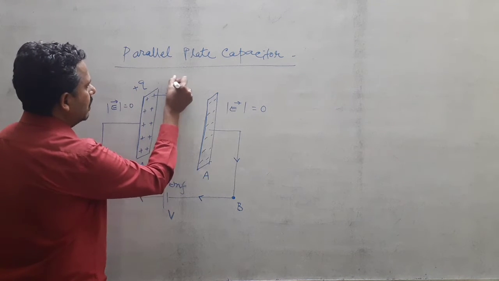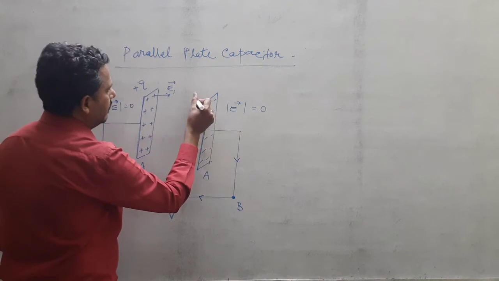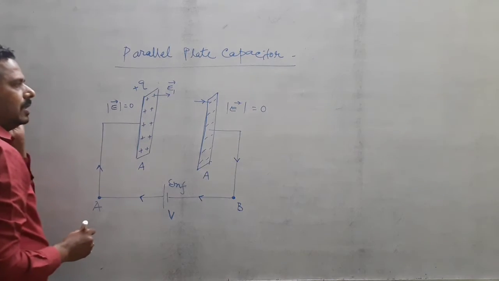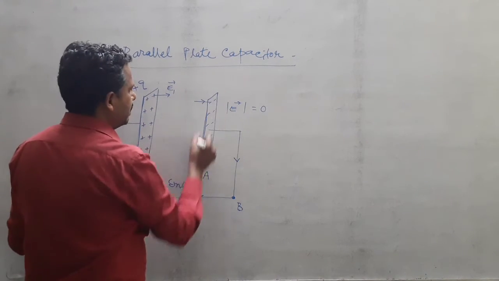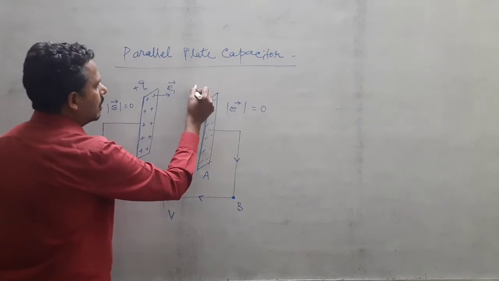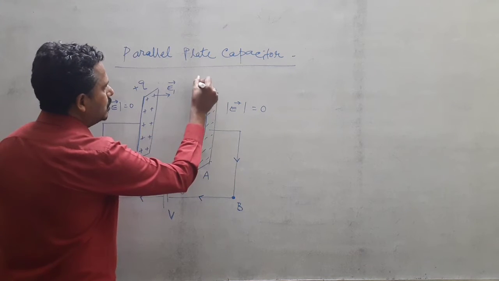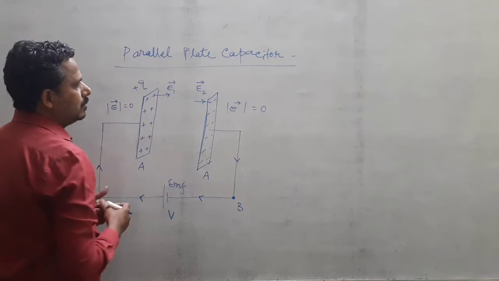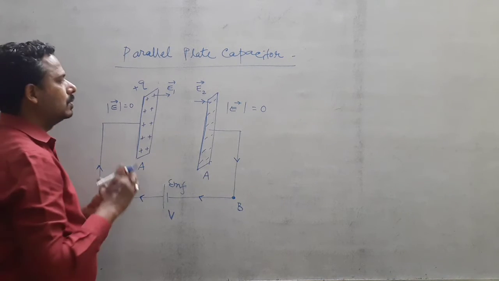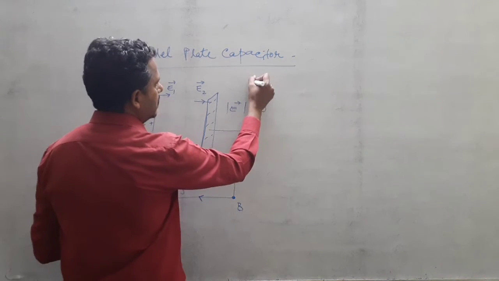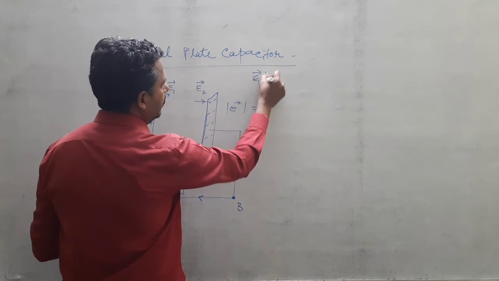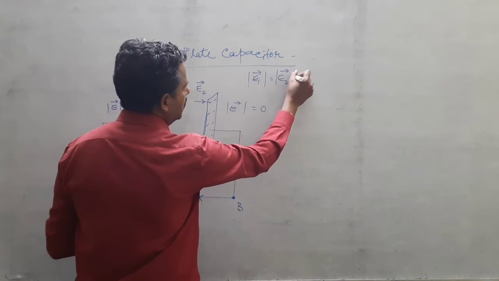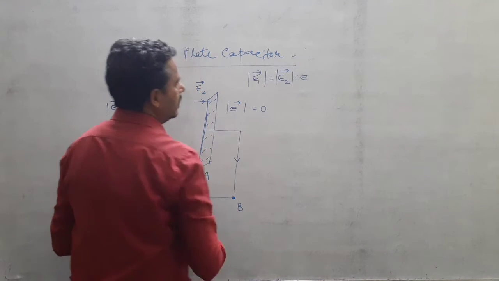Call it E1, and the one emerging from the left face of this plate E2, where the magnitudes of E1 and E2 are both the same. So we write the magnitude of E1 is equal to the magnitude of E2. You can call it E.